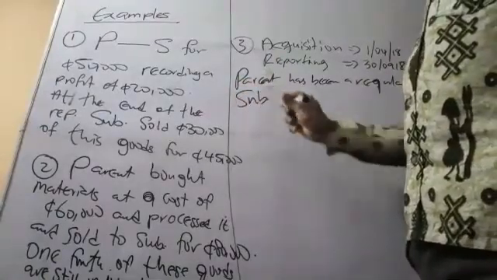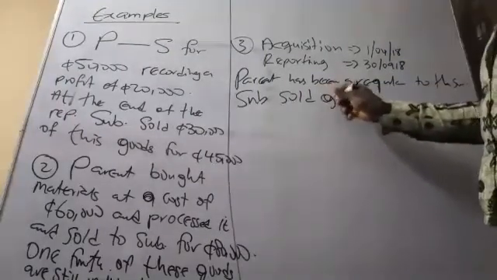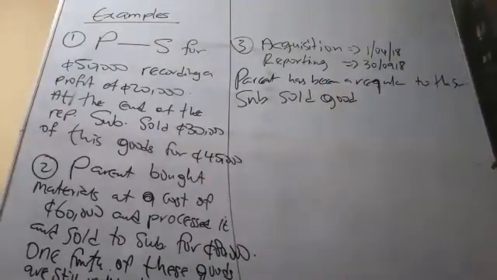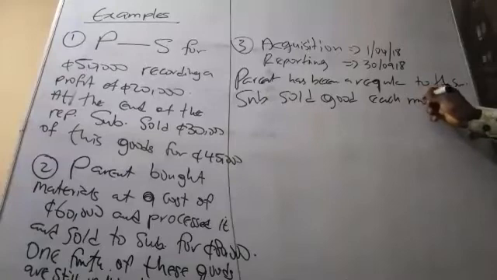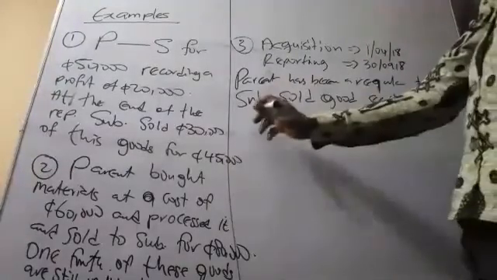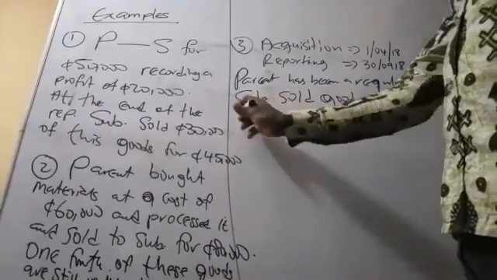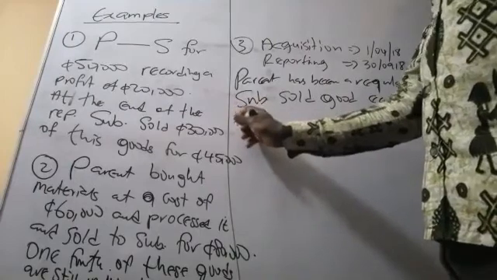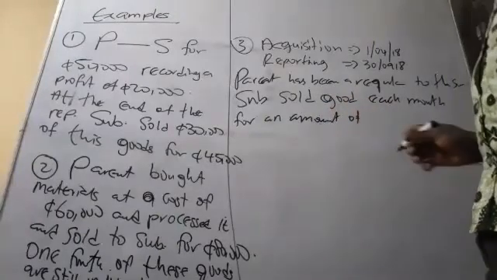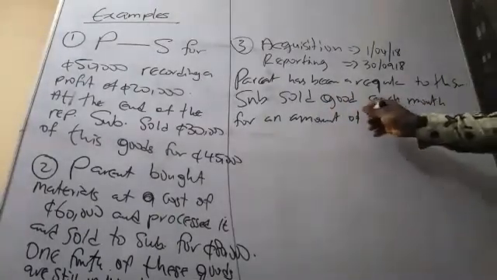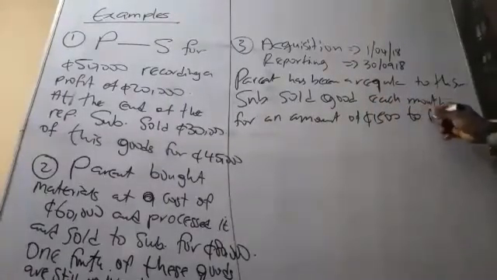Subsidiary, or the sub, sold goods each month for an amount of 1,500 Ghana cedis to the parent.